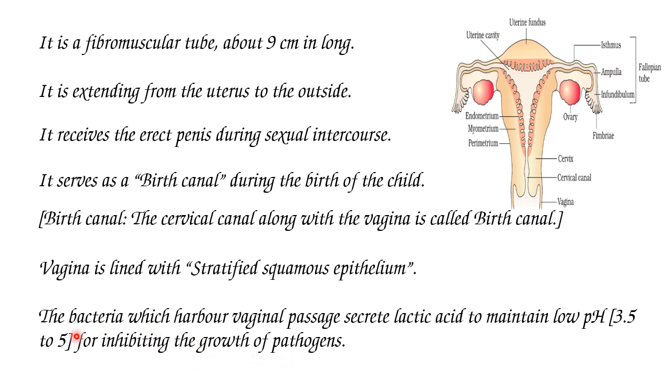So I am repeating this point again. The bacteria present in the vagina secrete lactic acid to maintain low pH. That low pH is helpful to restrict the growth of pathogens.